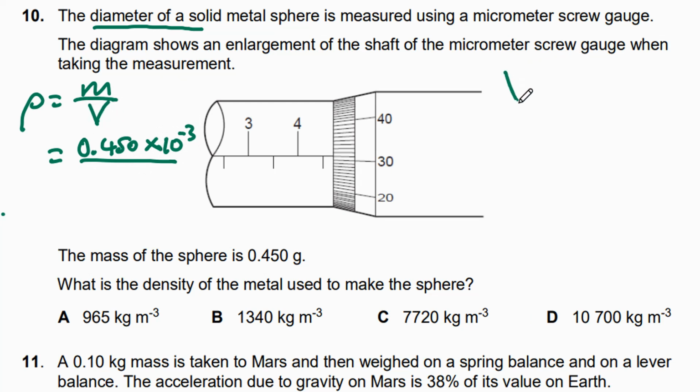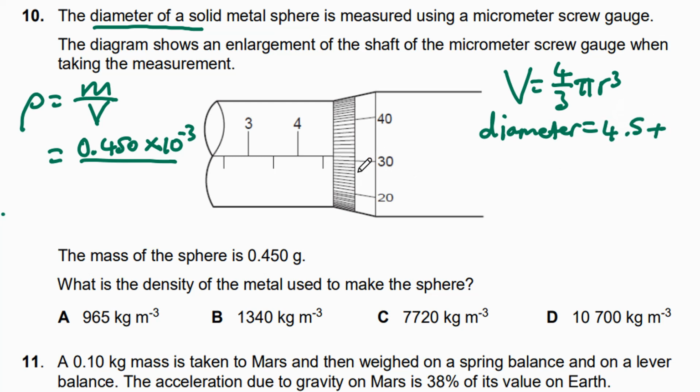You need to know that the formula for the volume of a sphere is 4/3 pi r cubed. We can read the diameter off here. This is 4.5, so the diameter is 4.5 plus, now there are 31 small divisions here, so we have to divide it by 100.